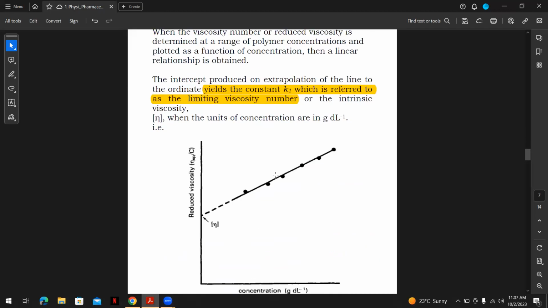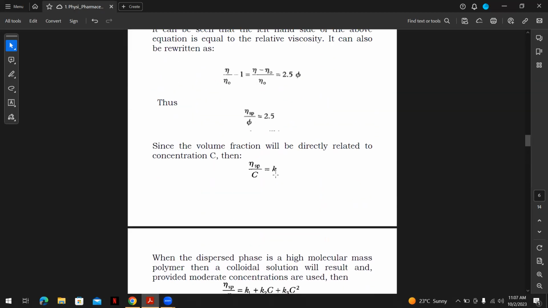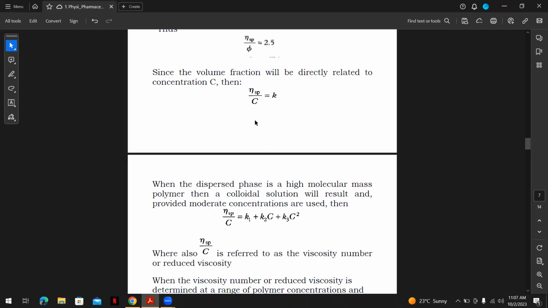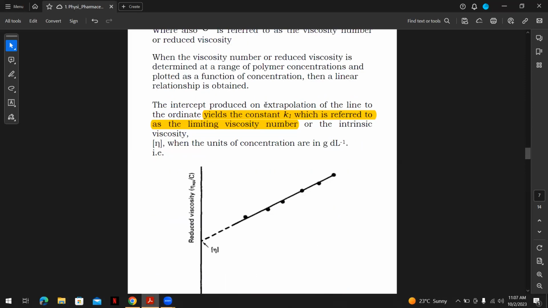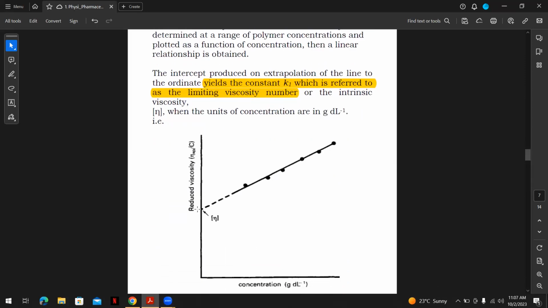I think here we're just trying to understand this simple equation. If you understand that this, nSP over C, is the reduced viscosity or the viscosity number, then you know that is what is on the y-axis in the graph. And the x-axis is the concentration.